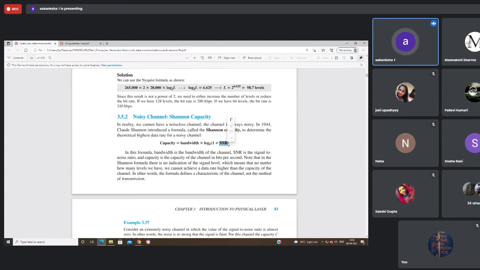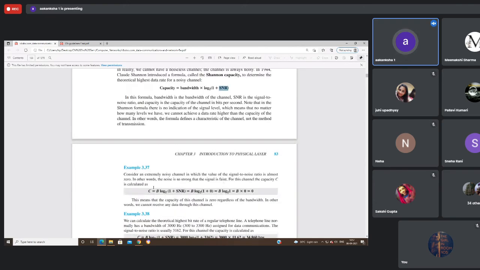We have already seen what SNR is: the signal to noise ratio, the average signal power upon the average noise power. If we have SNR, we can compute the maximum theoretical data rate for a noisy channel as bandwidth into log 2 of 1 plus SNR.